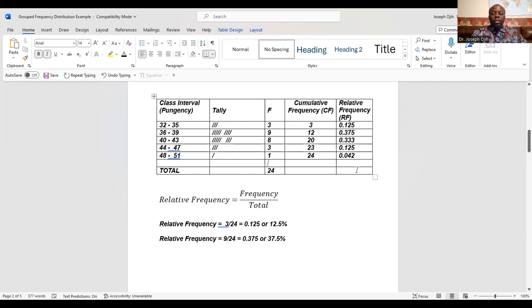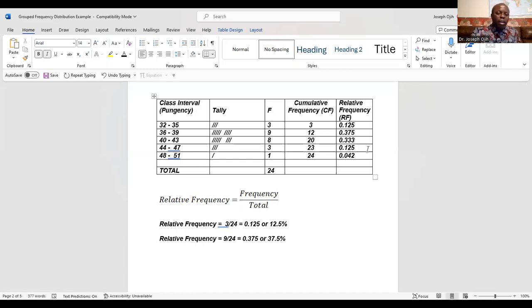If it's bigger than 1, you made a mistake somewhere. If it's smaller than 1, you made a mistake somewhere. It must be as close as possible to 1. For example, 0.999 is good because that's basically 1. 1.000 is good. 1.01 is still good. But 0.98 is not acceptable, nor is 1.2 or 1.1. It must be 1 or very, very close to 1.